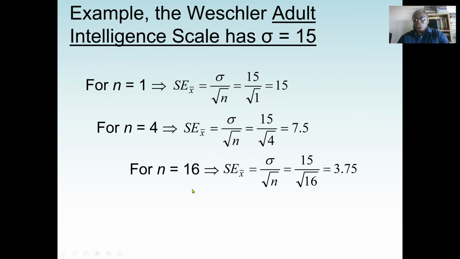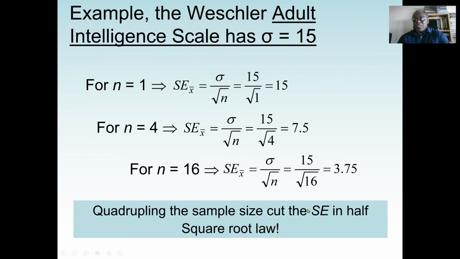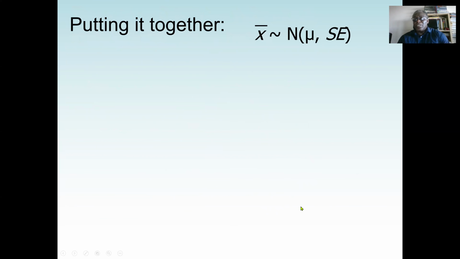Next, we increase it to 16, which means it will decrease more. So we have 15 divided by square root of 16, and that gives us 3.75. And what we're trying to say is that as the sample size increases, the standard error, or the standard deviation of the sample, will decrease.